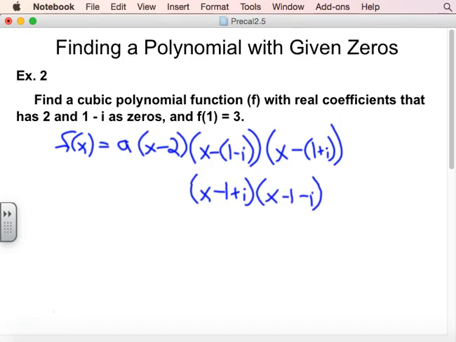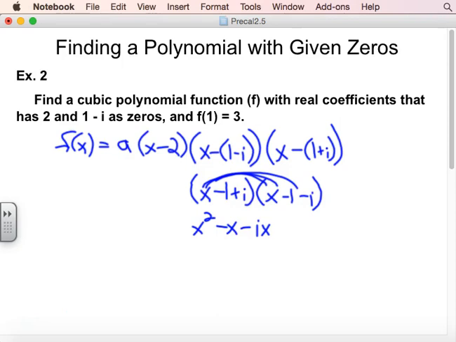Okay, now you really have a trinomial times a trinomial. When you're multiplying trinomials, you have to do 3 things times 3 things, so we know we're going to get 9 terms total. Let's go ahead and start. We have x times x is x squared. x times minus 1 is minus x, x times minus i is minus ix, or xi, either way is fine.